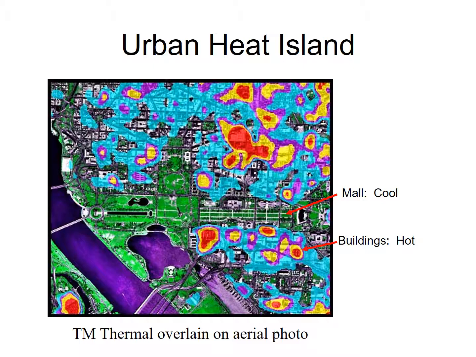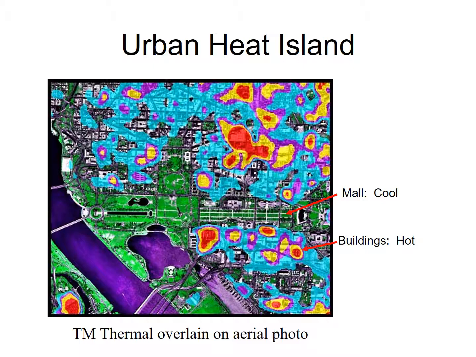Also, there's less trees, which is sort of the natural air conditioning unit of the world. Without those there to do the evapotranspiration, the end effect is these urban areas tend to get hotter as they're packed tighter and tighter together. And they call that the urban heat island effect.